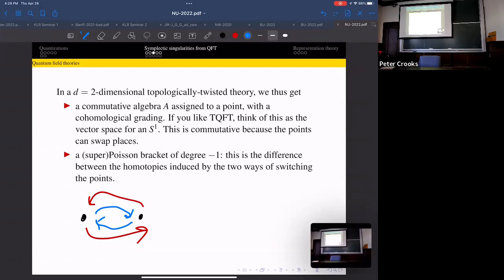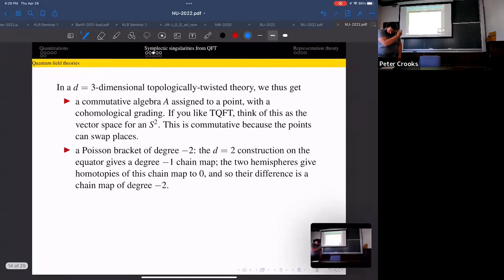Now, why did I talk about the dimension 2 picture when ultimately I want dimension 3? So now I'm going up 1 dimension. I'm going to be in d = 3. And so again, you should think about this. I have points, or you can draw them actually as little spheres.